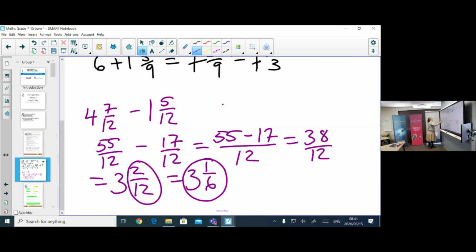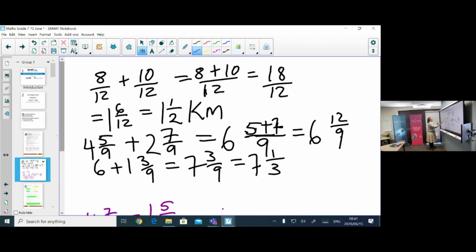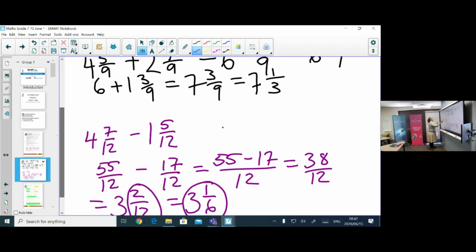The only thing that you need to remember, learners, is that this number, if you are going to subtract, must be greater than that number if you are doing the short way. And also check that your denominators are the same.